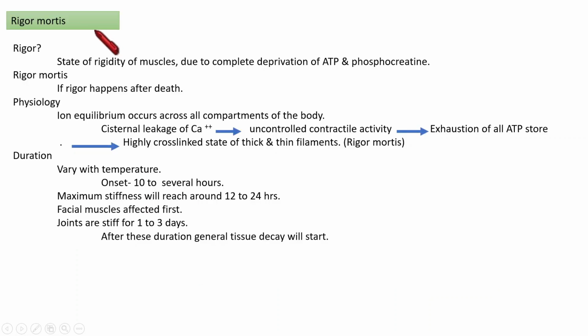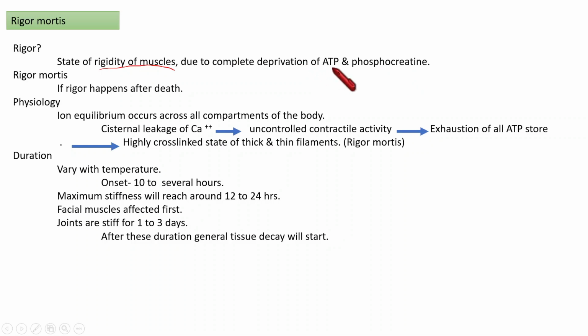Next thing that we need to learn is about rigor mortis. What is rigor? Rigor means rigidity. It is a state of rigidity of muscles. Why? Due to the complete deprivation of ATP and phosphocreatine, which are the sources for muscle contraction.